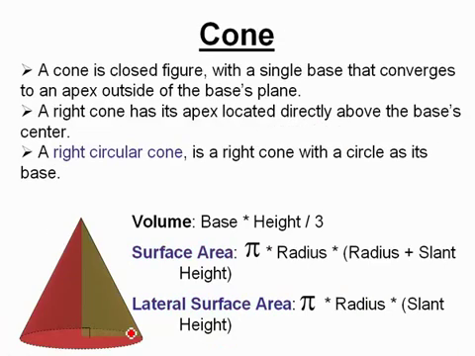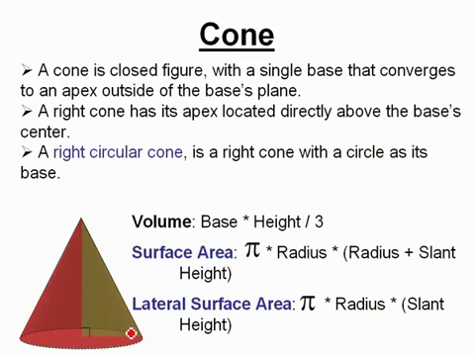So a cone. A cone is a closed figure with a single base that converges to an apex outside of the base's plane. So, what this means is that if you think of the analogy between a cylinder and a prism, where a cylinder doesn't have to have a polygon as its base, it's the same thing for the relationship between a cone and a pyramid.